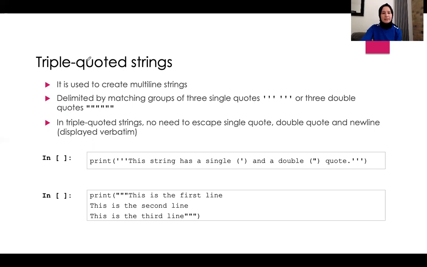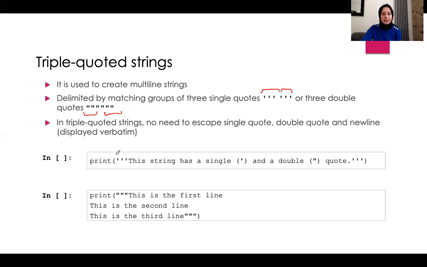And there are triple quoted strings, and they are used to create multi-line strings in Python. They are delimited by matching groups of 3 single quotes, as you can see here, or 3 double quotes. In triple quoted strings, there is no need to escape single quote, double quote, or new line.